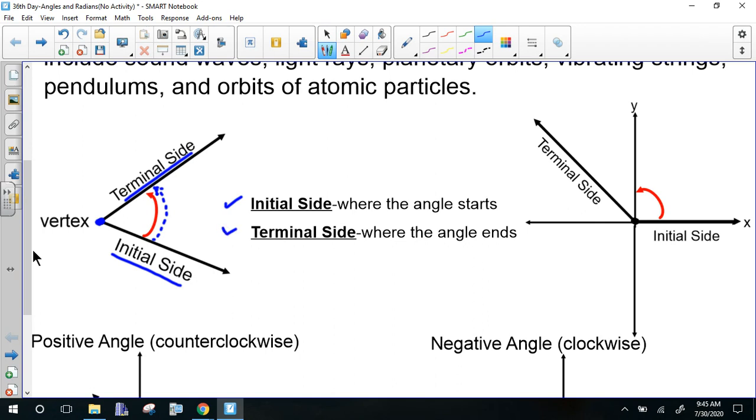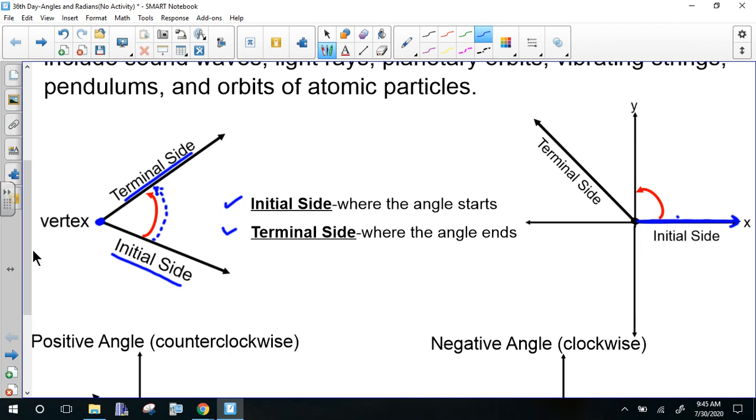So if we put an angle on a coordinate plane, which we'll be doing a lot of in trigonometry, the initial side is always on the positive x-axis. Okay, right there. That's always the initial side. And positive angles always go counterclockwise. Okay?